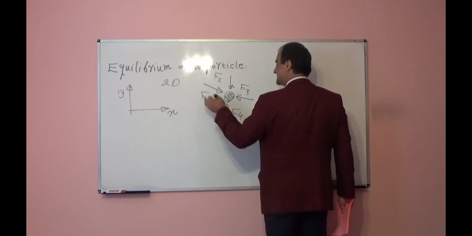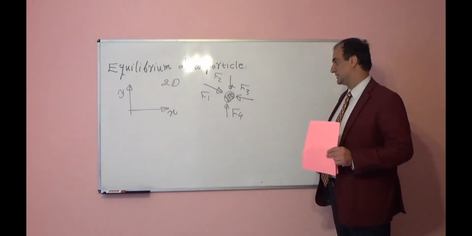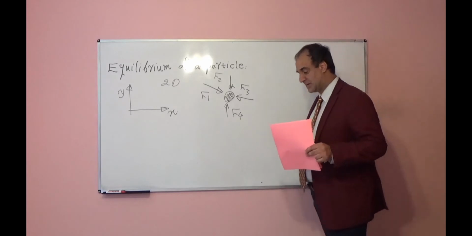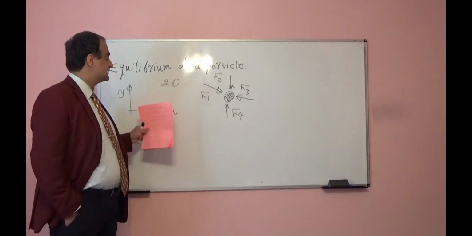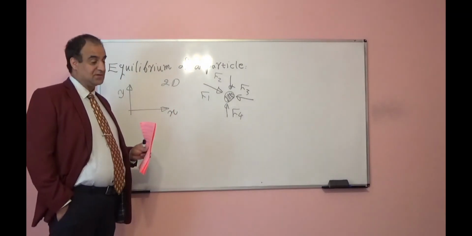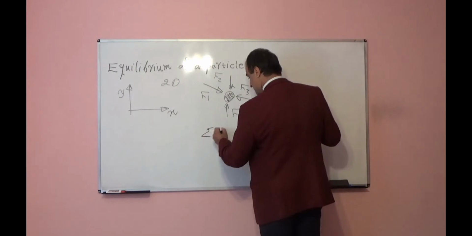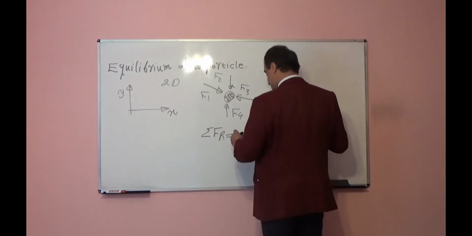So there are, for example, 4 forces or 100 forces acting on this particle in two dimensions. We want to satisfy the equilibrium condition and see whether this particle is in equilibrium or not. So the summation of all forces, meaning the resultant force, should be equal to zero.